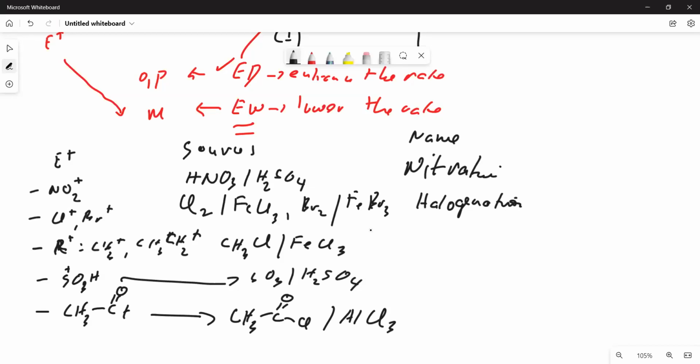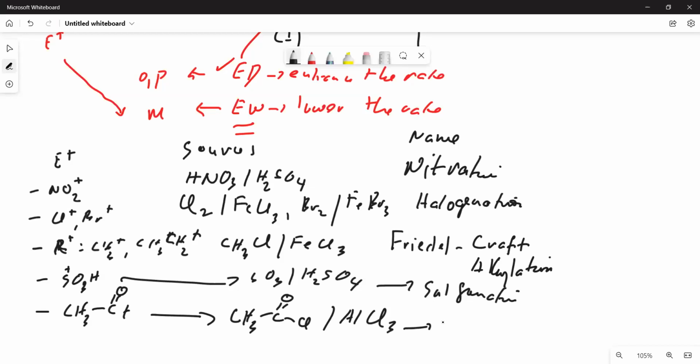Now, the fourth one is what you call Friedel and Crafts alkylation reaction, while the fifth one is what you call sulfonation reaction.